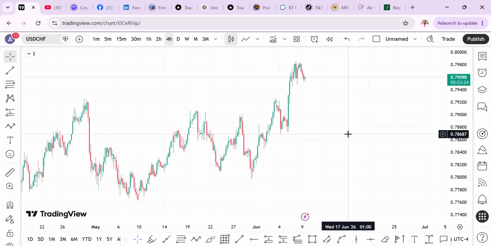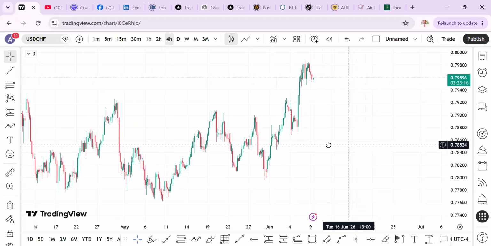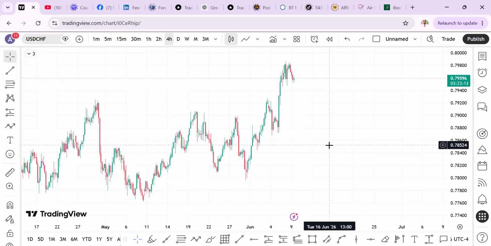Let's say this morning I open my chart, or now I'm coming to the market. I open USD CHF. So the first thing is my bias. Bias means which direction. What should I look out for? That's my bias in the market.